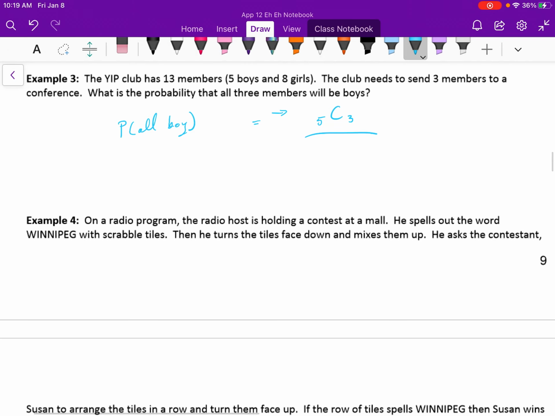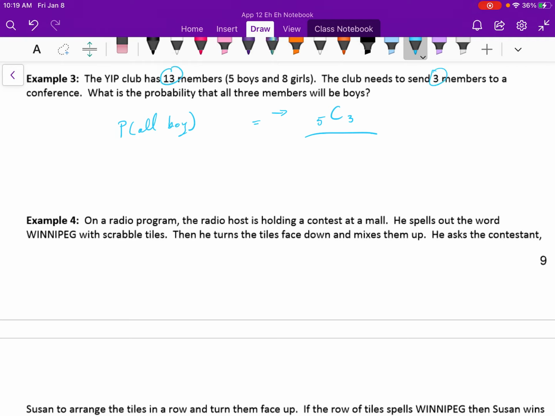So the numerator is the number of ways I can choose 3 boys out of a group of 5. That's the number of ways. Now, the bottom is the total number of combinations that we could make.